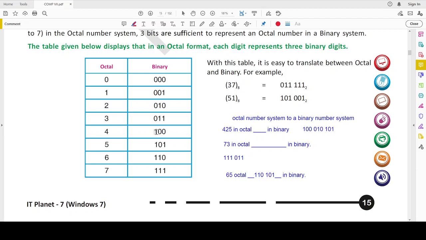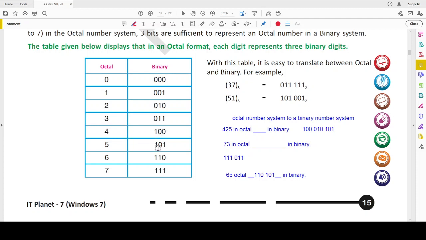Now here it is having 1 in the place 2 to the power 2. 1 into 2 to the power 2, 2 to the power 2 means 2 into 2, it is 4 into 1, it is 4. And the rest of the places have a 0. So it is 4.